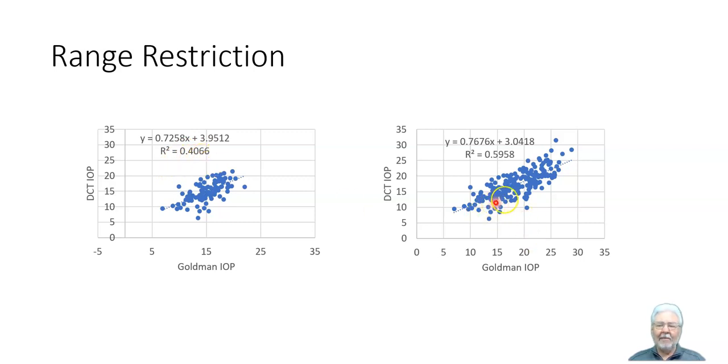The exact same data, but adding these other patients that have higher IOPs, gives an R squared of 0.59, or almost 0.6. 60% of the variance compared to 40%. And that's due to this problem called range restriction.